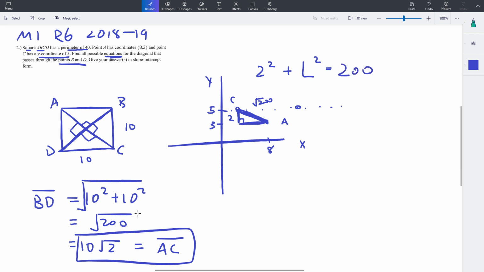And this is the good part about keeping it unsimplified, because then we can square it, and in the case of the Pythagorean theorem for right triangles, we get to simply remove the square root. Alright, so 2 squared is 4, subtract from the right, we get 196 equals L squared. Now, this is something you should memorize. You should know the squares of all numbers up to, for example, 20.